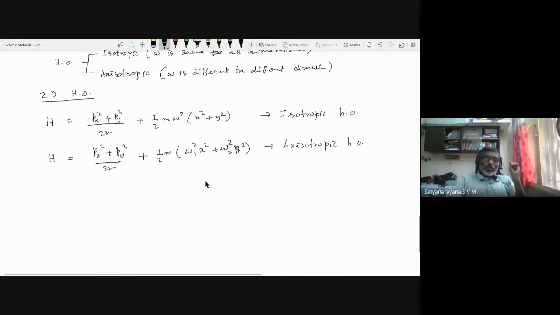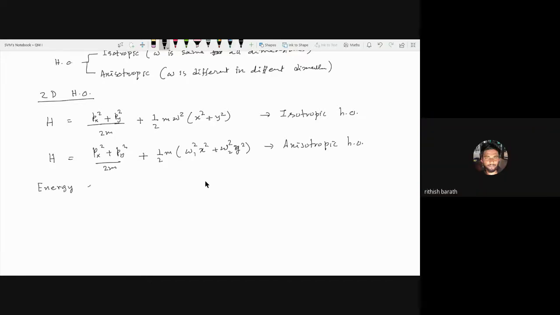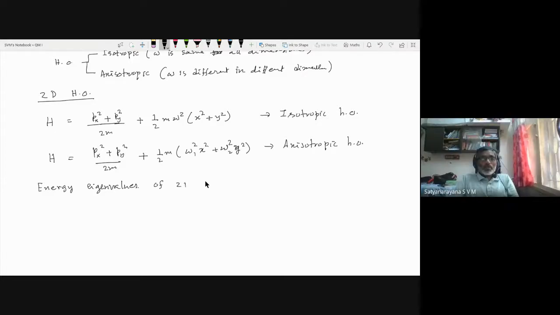Now, we don't have to really do this problem because we have already understood that when you do separation of variables, you can write them as two independent harmonic oscillators. So I can directly write down the energy eigenvalues of the 2D harmonic oscillator.